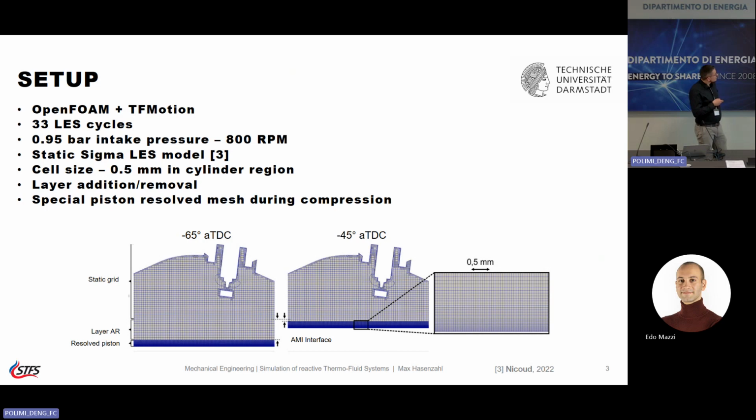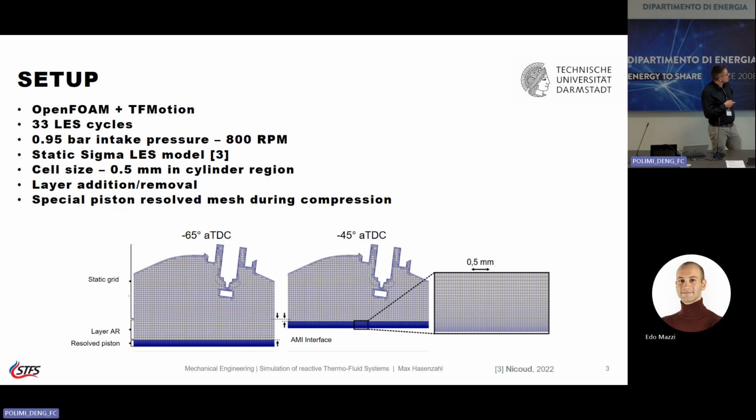The cell size in the gas exchange phase, and in this larger in-cylinder region, is 0.5 millimeters. Of course, that's not enough for a wall-resolved mesh. As previously seen, we also use layer addition and removal to capture the piston motion upwards.